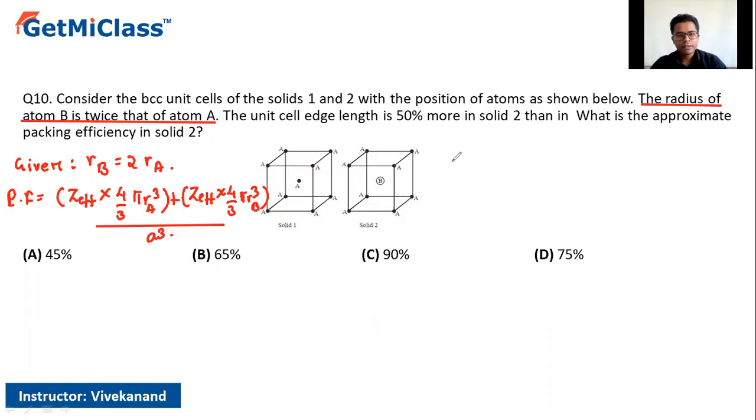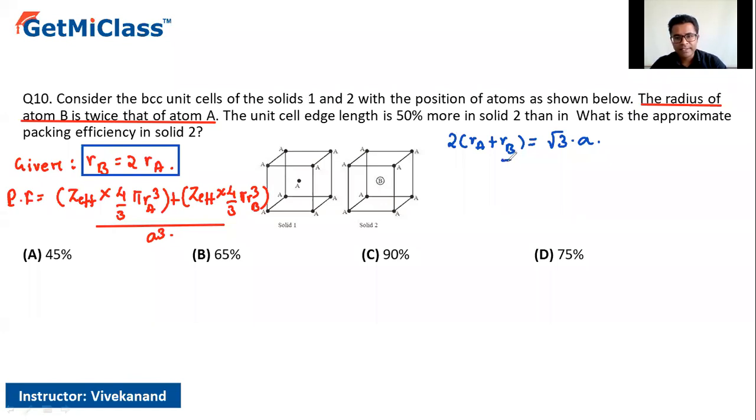Now, we know that 2 times r of A plus r of B is equal to root 3 into a. What we already know from the given information is that r_B is 2 times r_A.